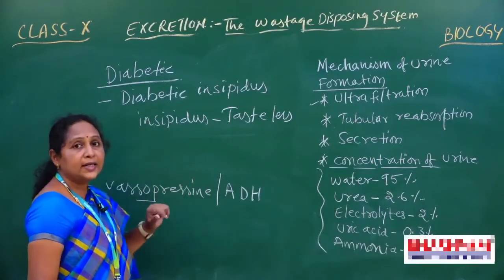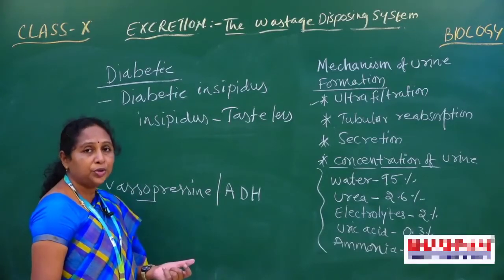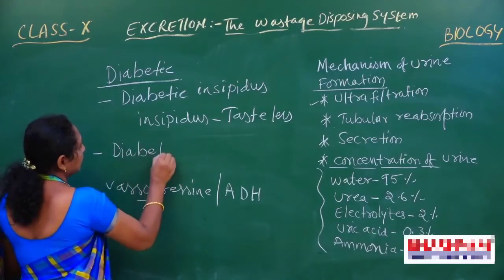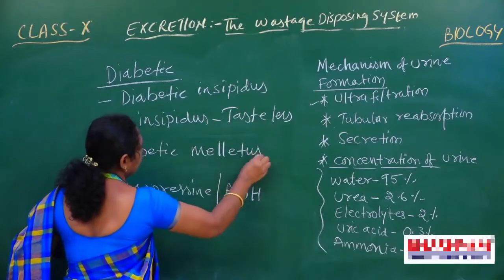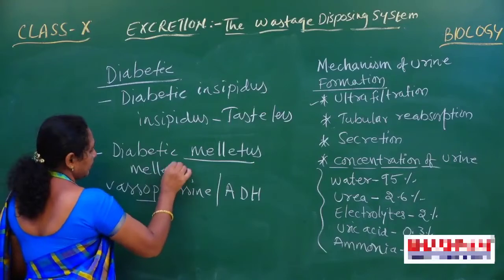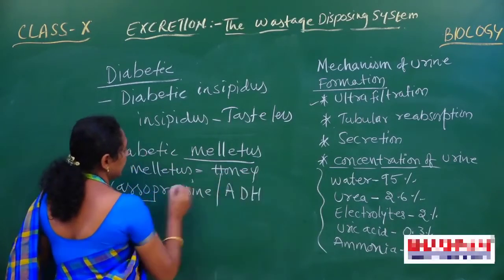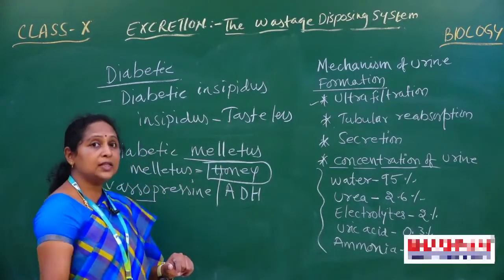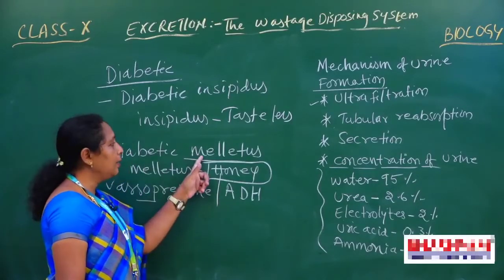If the sugar levels are increased more and more in your urine, then such a condition is called diabetic mellitus. Mellitus means honey. So, if the sugar or glucose levels are increased more and more in the urine, such a condition we call diabetic mellitus.